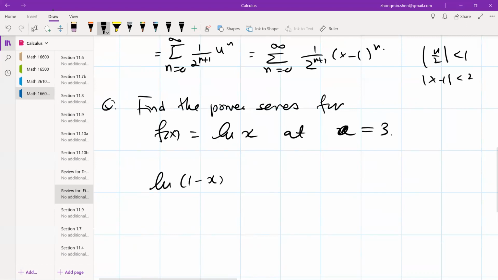Remember it's an integral. The sum is going to be x to the n over n.